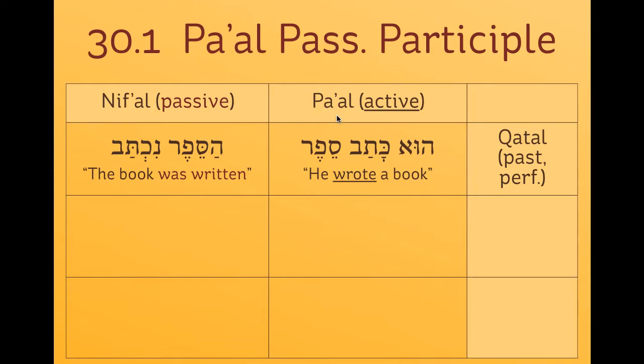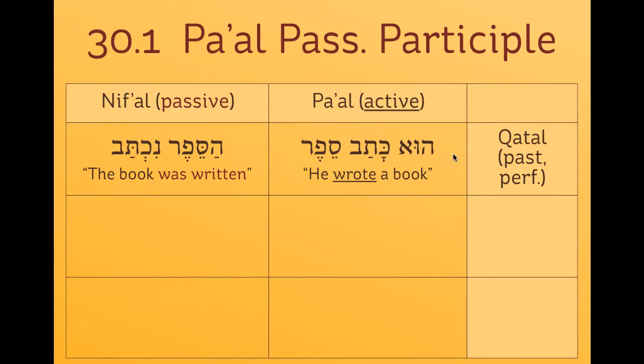It's only a passive participle. Now, in order to see what's unique about the Paul passive participle, we have to compare Paul and nif'al forms of Qatal verbs and participle forms before we get to the Paul passive participle. All right. So the Qatal conjugation describes a past tense perfective aspect action.